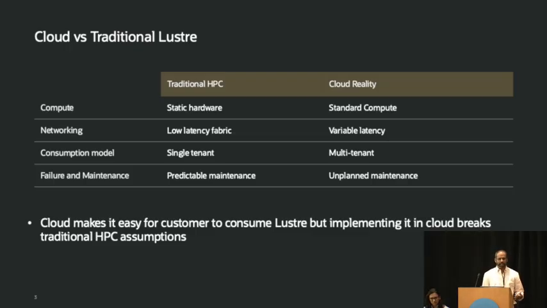However, as far as Lustre is concerned, cloud is a little bit different from the on-prem HPC clusters that we have. Mainly, in the cloud, what we have is general purpose compute instances. By the way, there are other types of shapes available, like we just got RDMA and InfiniBand, but we are not talking about that.